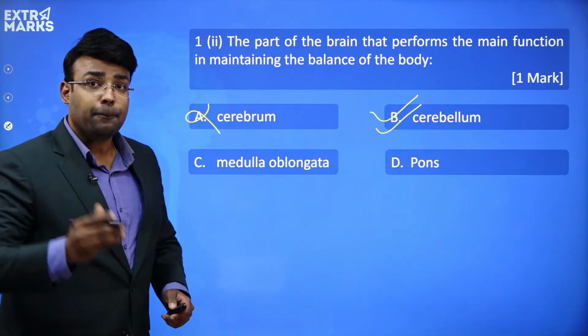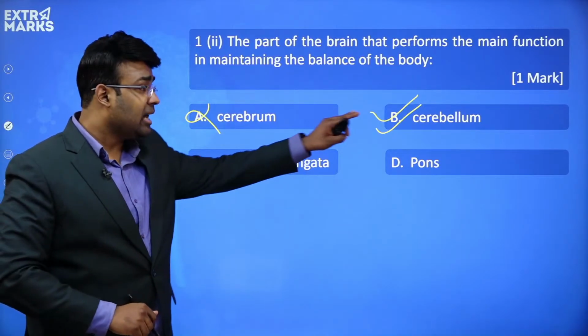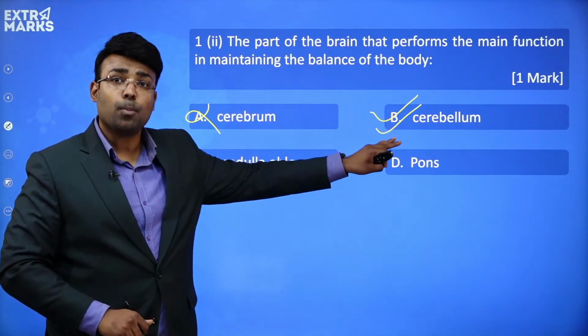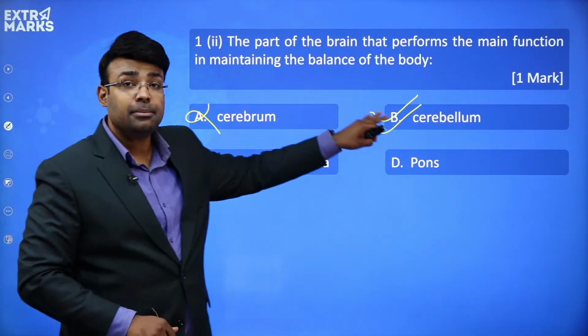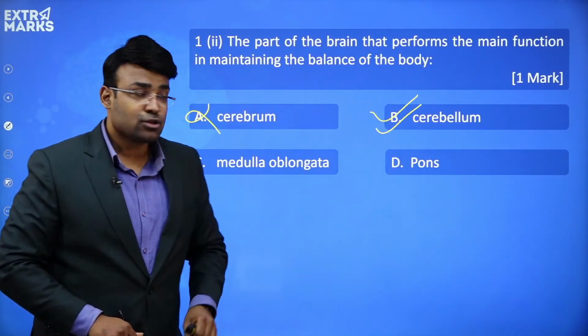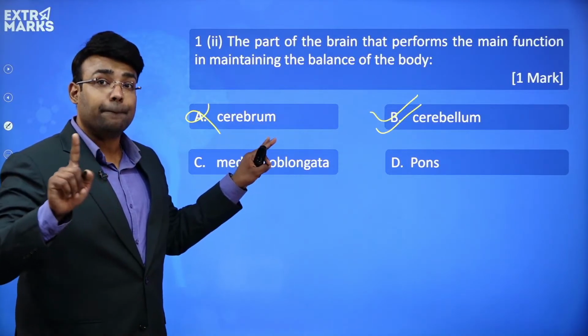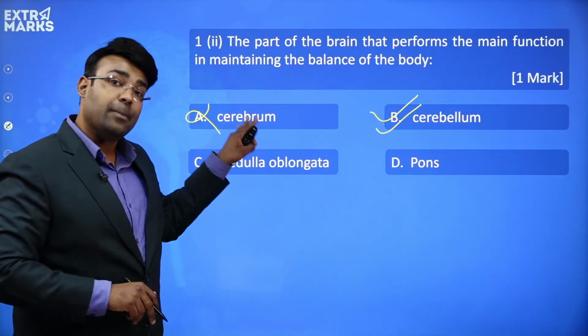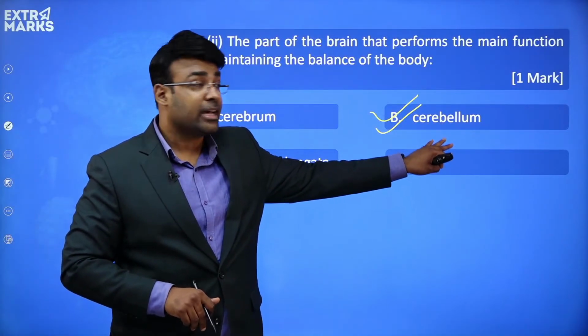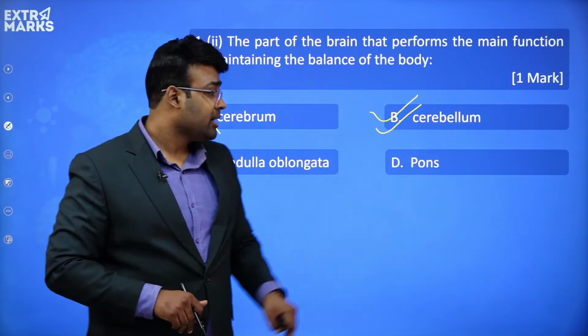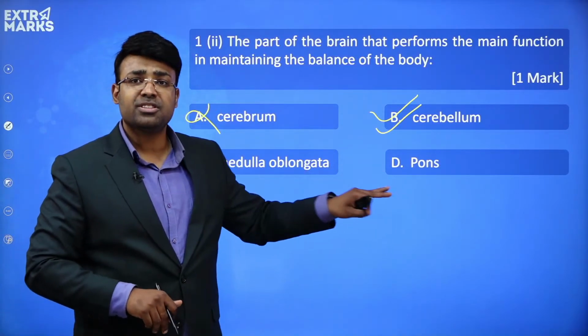It is present behind our brain, and under the influence and proper command given by the cerebrum only, the cerebellum can do all the acts. So cerebrum is not completely wrong, because under the command of cerebrum only, the cerebellum can perform the action. Clear? While the medulla oblongata and pons are the wrong options.